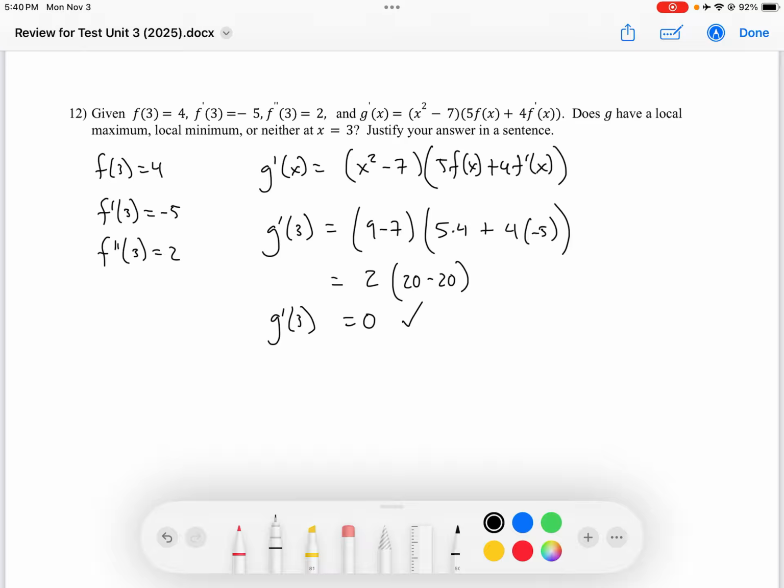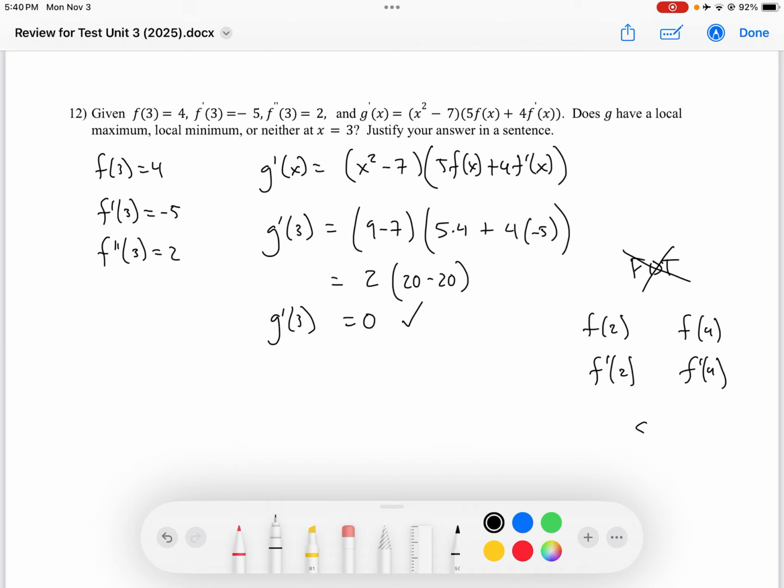Now, we need to figure out whether this is a max or a min. Because we don't have any values like f of 2, f prime of 2, or maybe f of 4 or f prime of 4, the first derivative test is probably not going to work, because we're not going to be able to tell whether G prime changes from positive to negative.